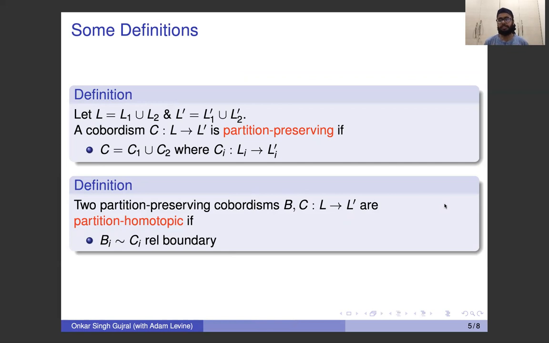We say that these partition preserving cobordisms are partition homotopic if the ith component of B is isotopic, well, rel boundary, to the ith component of C. That is, if you looked at the cobordisms B and C and you erased all the components except the ith components, then they'd be isotopic, even though B and C need not necessarily be isotopic cobordisms.